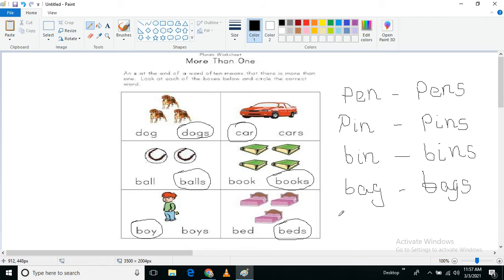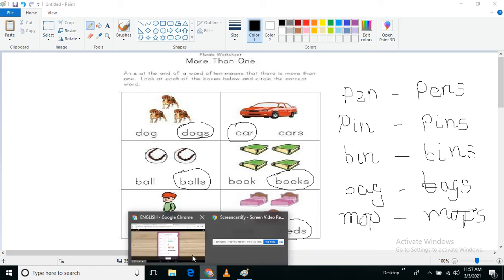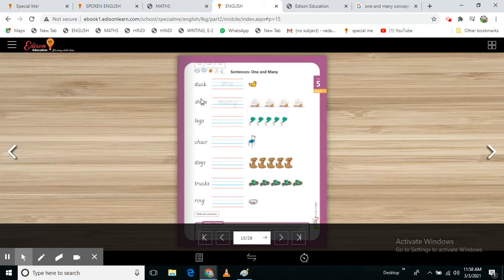Okay, students. So mop, mops. Okay, in this way you can do practice at home, right, students?